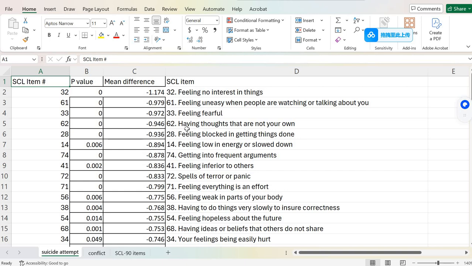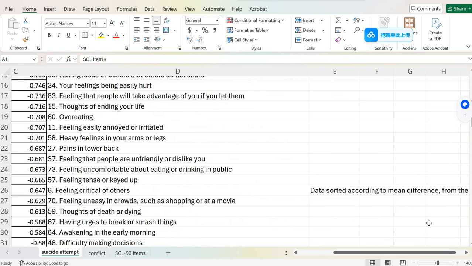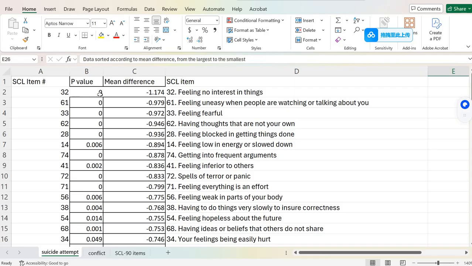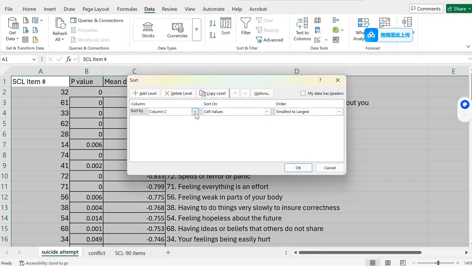And I ranked them according to the order of mean difference, from the biggest difference to the smallest difference. You can play around with the data set. If I want to sort the data, I can sort according to column A, which is item number.